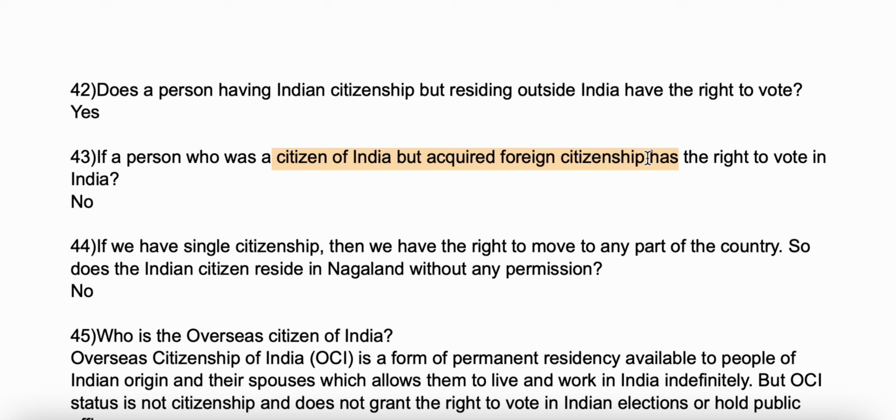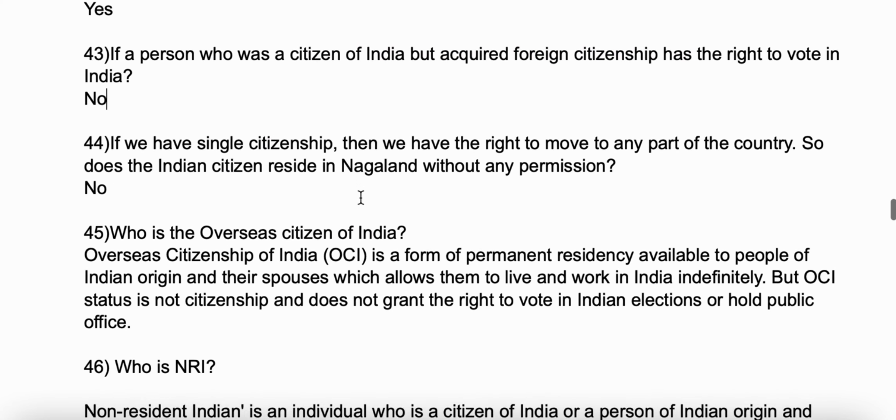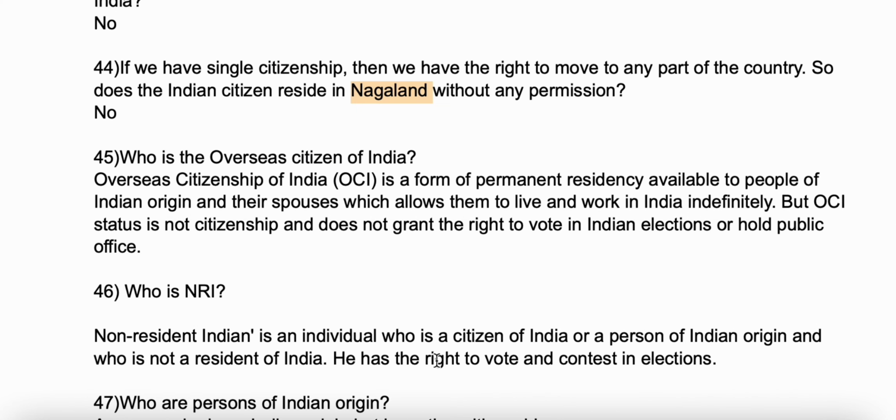Okay. So 44th question, if we have single citizenship, then we have the right to move to any part of the country. So can an Indian citizen reside in Nagaland without any permission? No, we can't reside or go to Nagaland without an inner line permit, because these areas are situated in northeastern states.